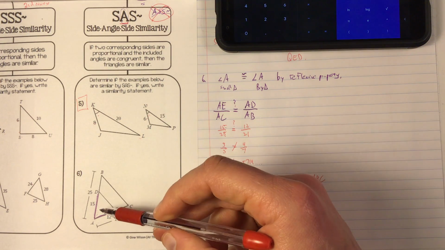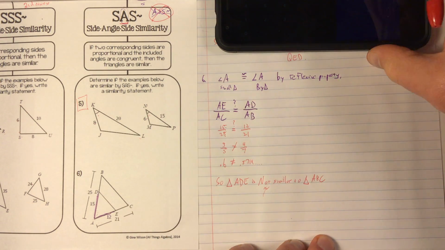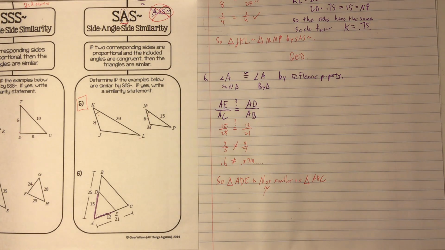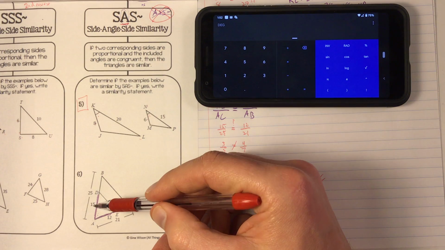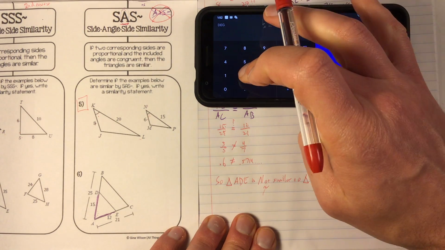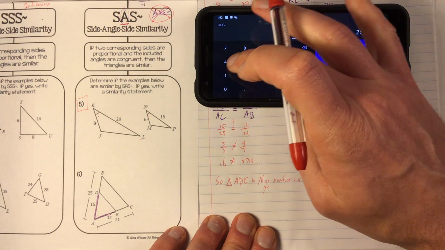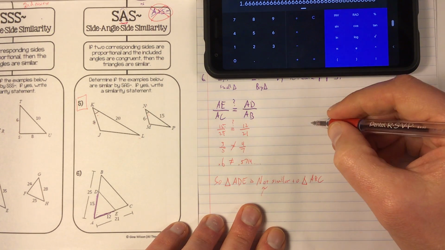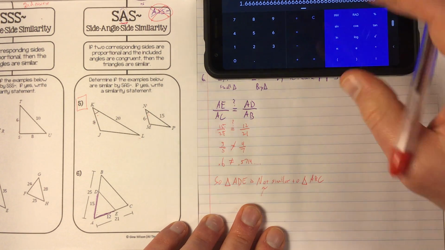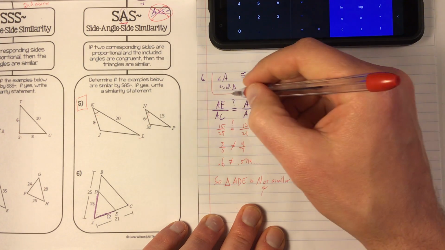Now, if you want to do the scale factor method, of course you can do that. You can say, let's see here, what's the scale factor going from 15 to 25? So 25 divided by 15 is 1.6. We would start off the same way.